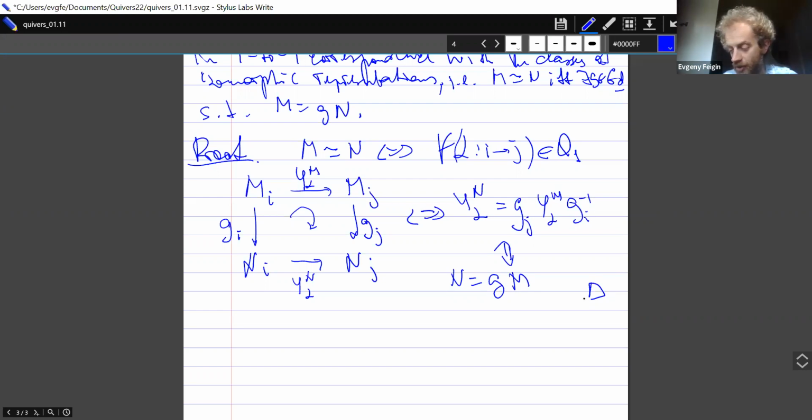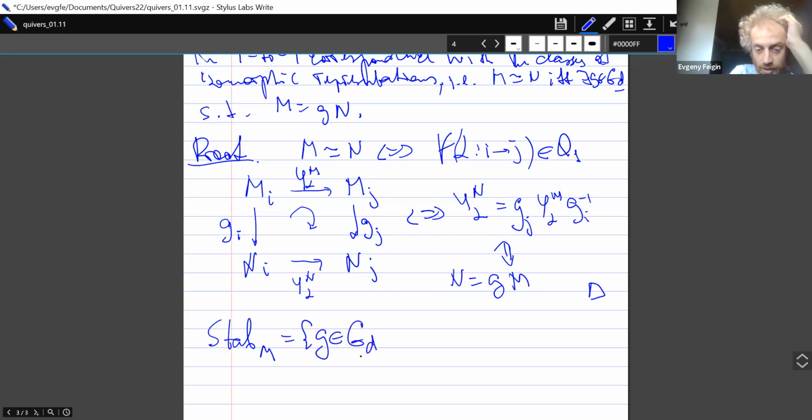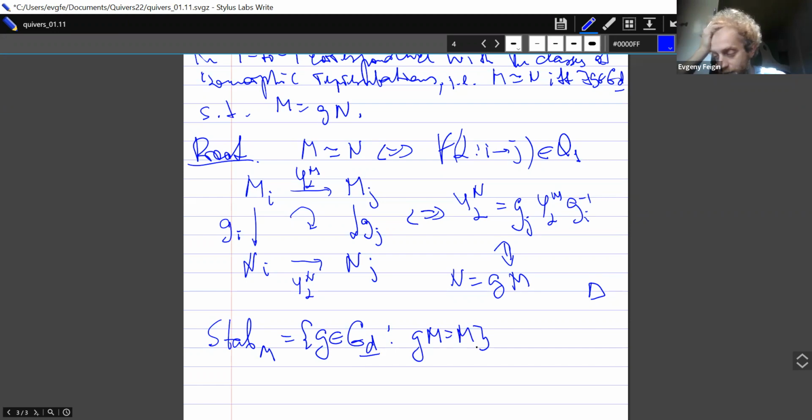Okay, so now, however, this is somewhat useful. So let us, as usual, denote by the stabilizer of M those g from G_d such that gM is M. So this is just all the elements which do not change the representation.